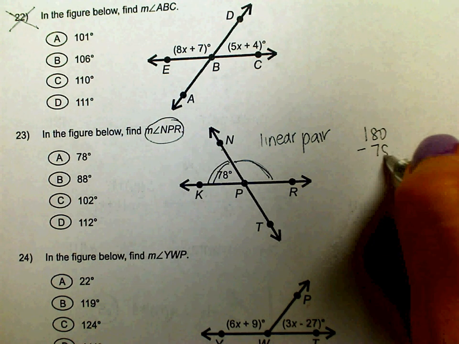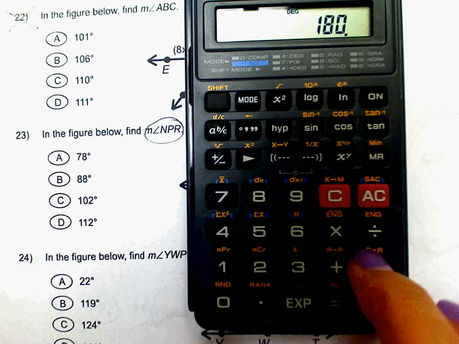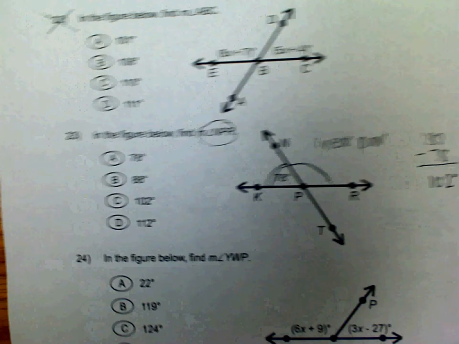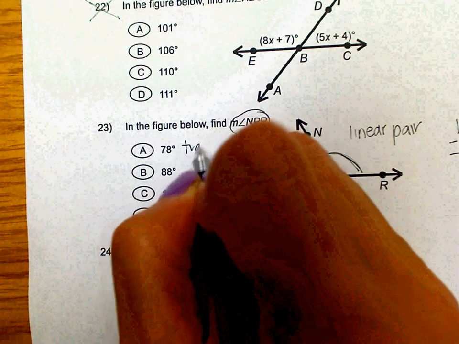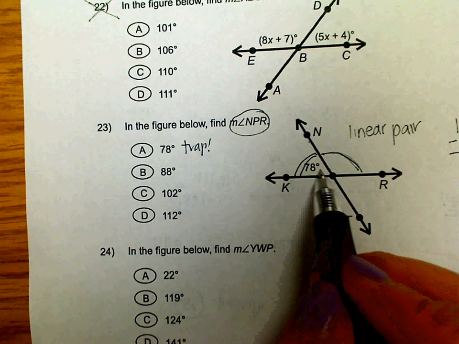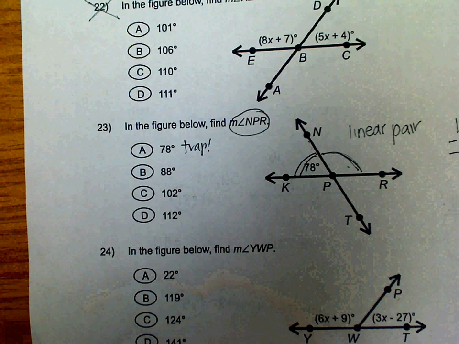Okay, so 180 minus 78 is 102. Okay, look at that. That's a trap. Don't put that. You know why? Because if you think this is vertical, then you might think that these are the same. But look how this is acute and that's obtuse. That should give you some hint. Okay, so C is the correct answer.